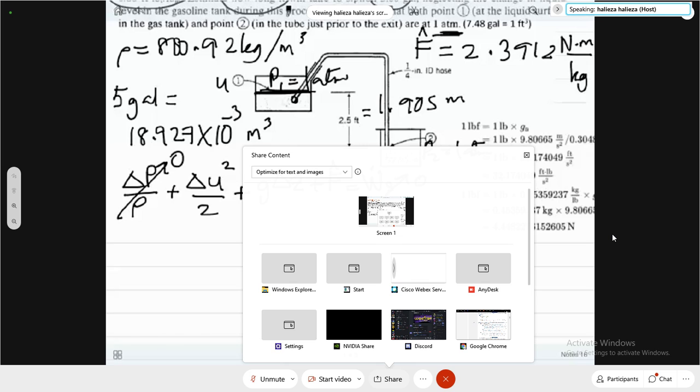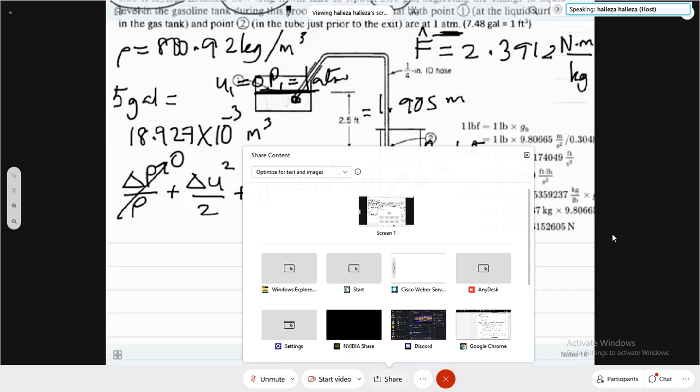The surface area of this surface is bigger than the tube surface area, so the liquid is not moving that much. It's equal to 0. So U1 equals 0.